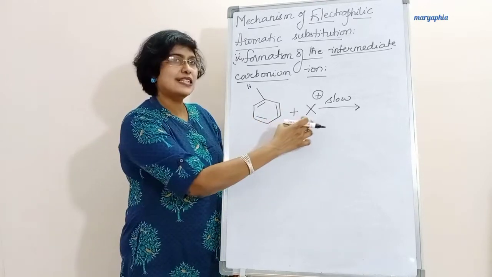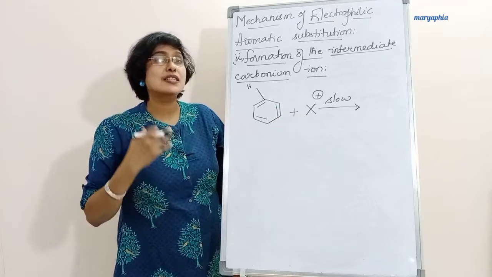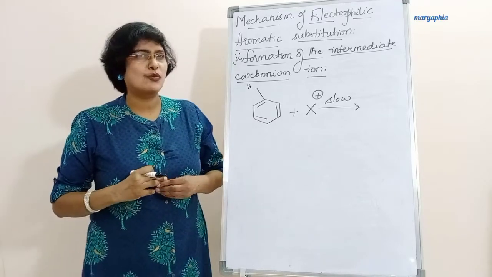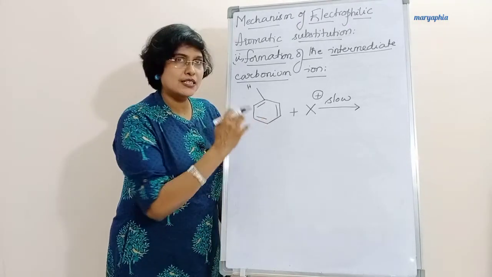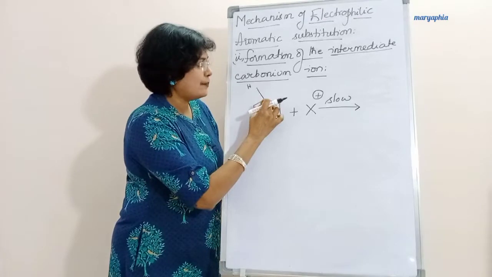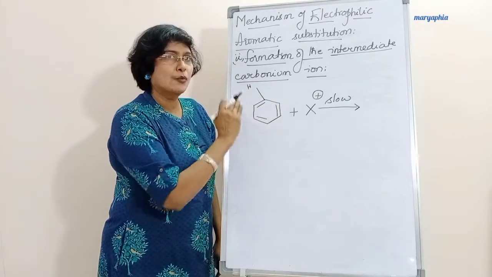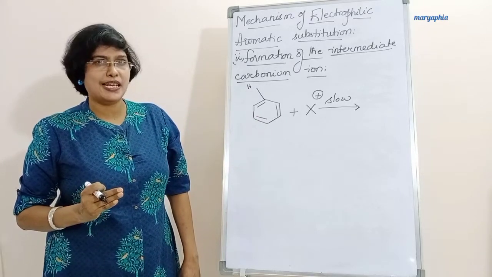Now as this approaches the benzene nucleus, benzene undergoes the electromeric effect. What does it mean? Look here. There are 3 pi bonds inside, and you must know this pi bond is not restricted to these 2 carbons. They will be moving inside. That's why we say delocalized pi electrons.